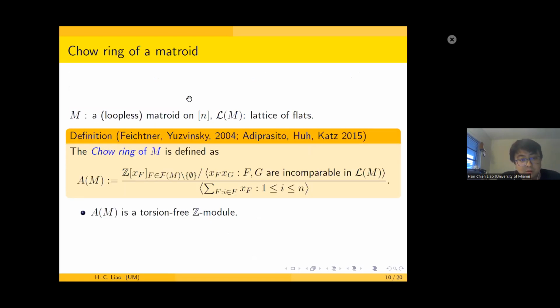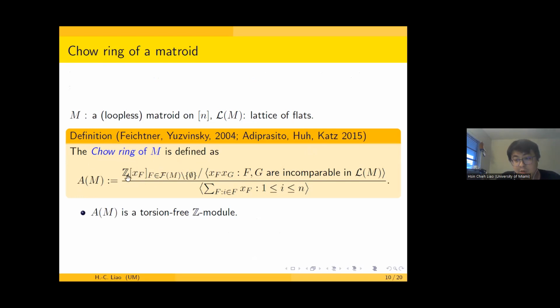So now, because we know what a matroid is, the Chow ring of a matroid is defined as follows. We denote it as A(M), and it is just a polynomial ring modulo some ideal.